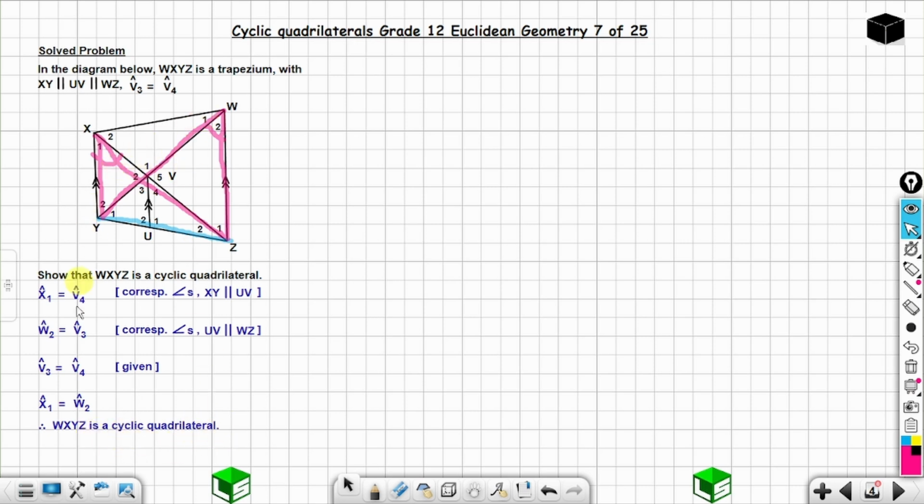The reason for this, you are going to say converse angles in the same segment. Converse means the reverse. You are using angles to prove a cyclic quadrilateral. If you have a cyclic quadrilateral and you are trying to find another angle, you are going to say angles in the same segment simply. Okay, let's move on.